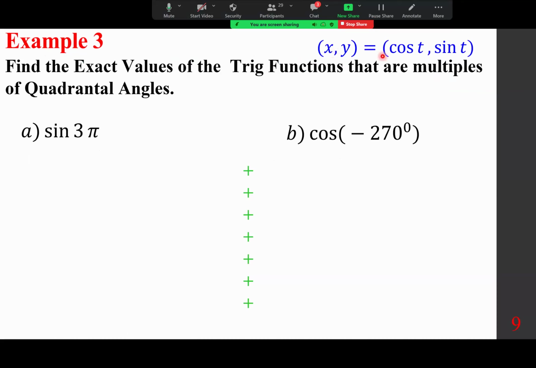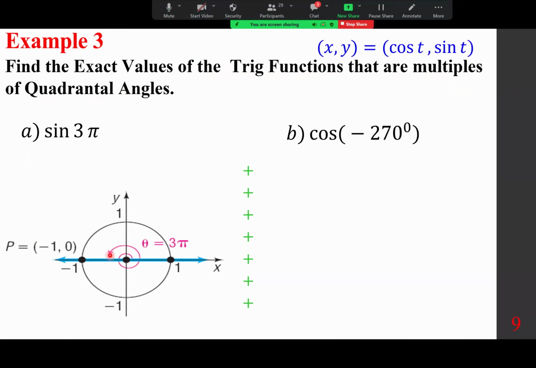Again, x comma y. X is represented by cosine, y is represented by sine. Find the exact values of the trig functions that are multiples of quadrantal angles. For example, 3 pi. A complete revolution is 2 pi, and then you add half a revolution. So a complete revolution puts you back, ultimately the same result as pi.